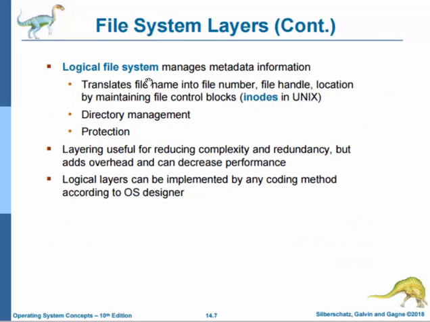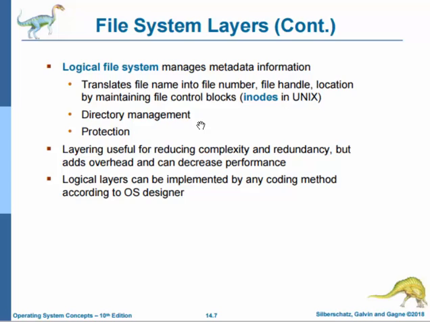Finally, we have the logical file system, which is used to manage metadata information. So basically, metadata includes all of the file system structure except the actual data or contents of the files. The logical file system manages the directory structure to provide the file organization module with the information the latter needs.